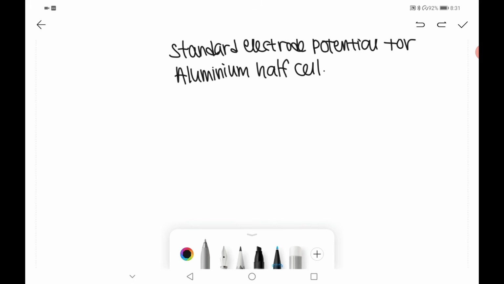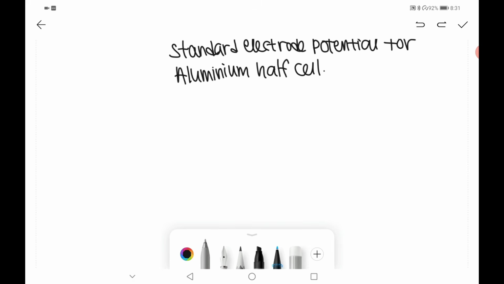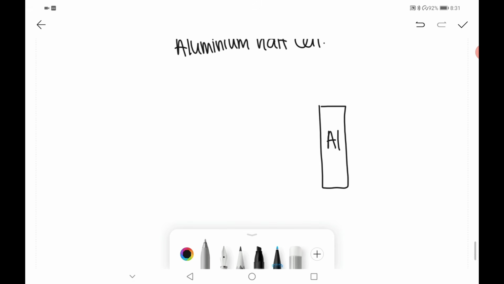To draw the aluminium half cell, you must have a metal and metal ion. So we need aluminium metal and aluminium ion. Let's draw it. We draw a piece of aluminium metal, put in a solution.